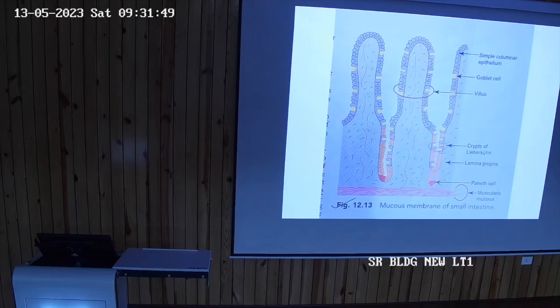Don't forget to write that. In the muscularis externa, between the two layers, there is another nerve plexus, Auerbach's or myenteric nerve plexus. Mention these things definitely. Then come to the adventitia: loose connective tissue and also the blood vessels.